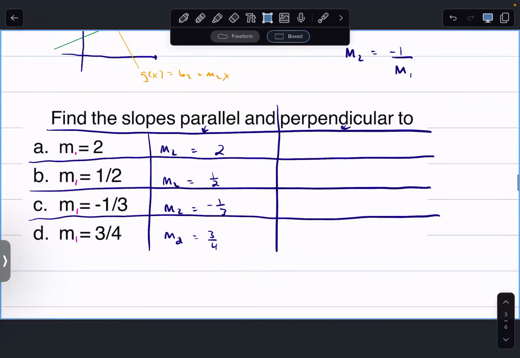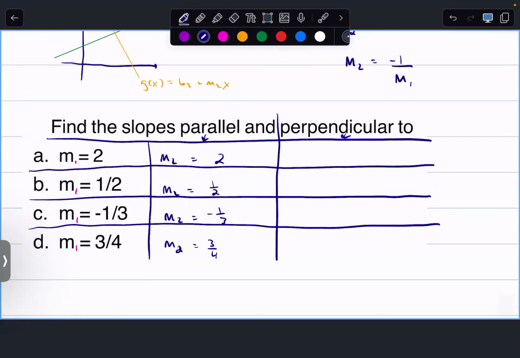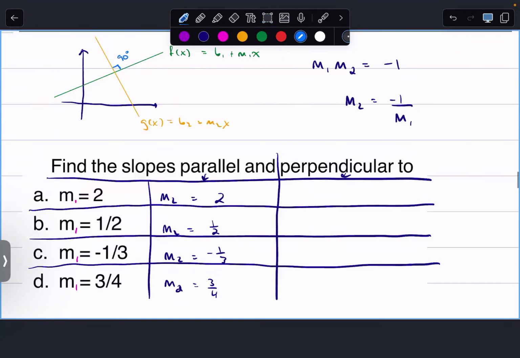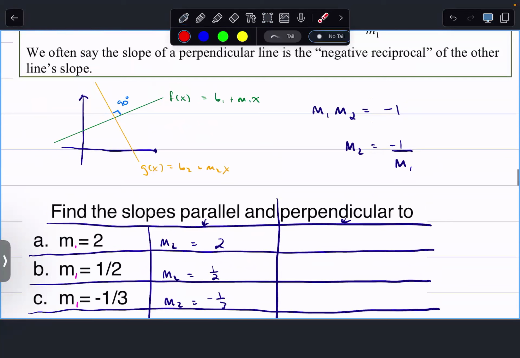So what am I going to do here? For each of these, you could just have M1, which you're given, times M2 equal to -1, and then just solve for M2 each time. But because we are looking down the barrel of doing it 4 times, you can solve for M2 and then just use that formula instead.